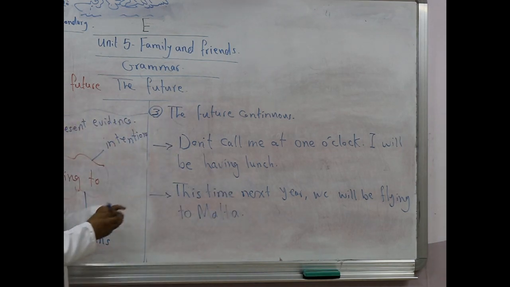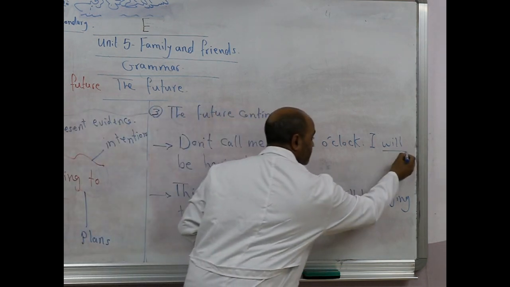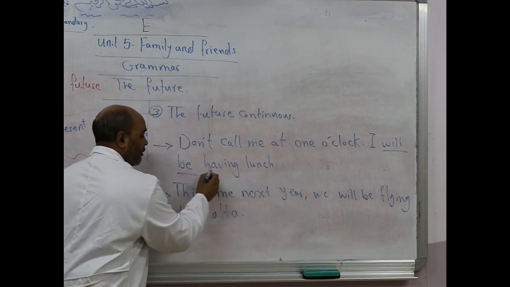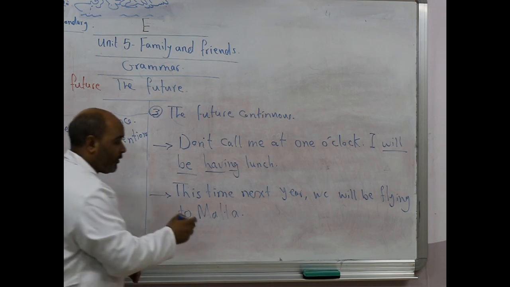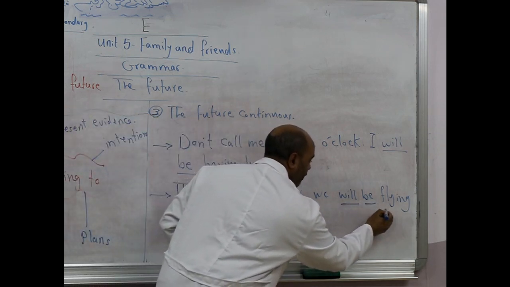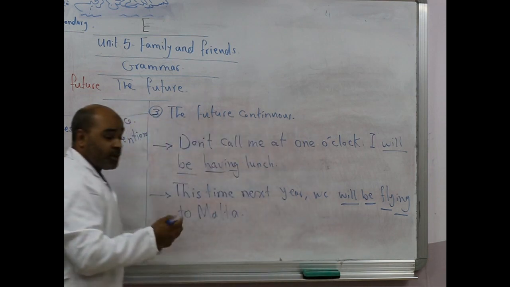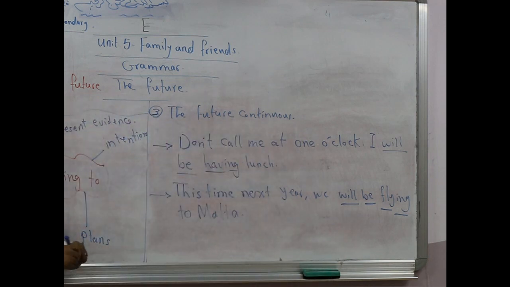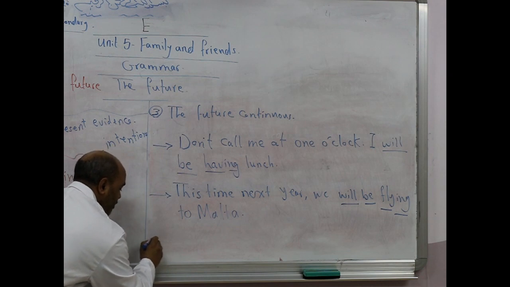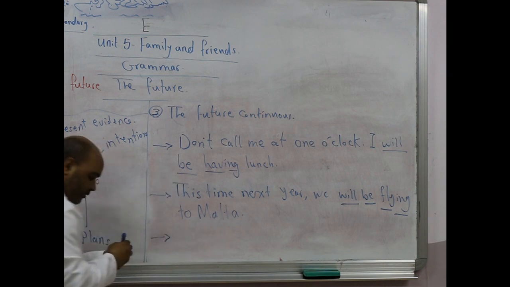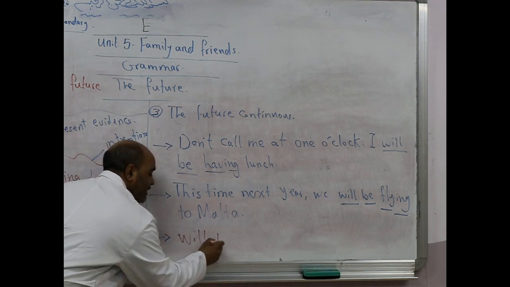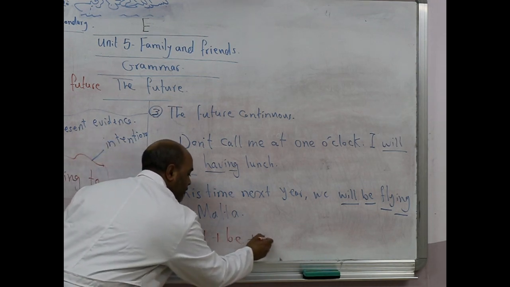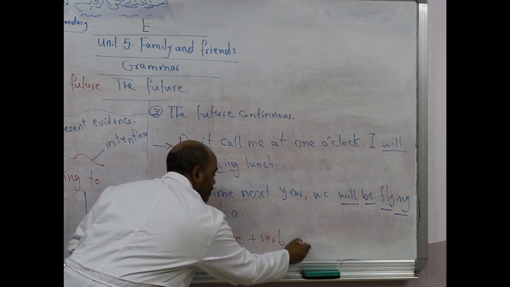When we look at these two examples, we can find will plus be plus verb plus ing. And in the second one, we can find will be flying. So we can say that the formation of the future continuous is will plus be plus verb plus ing.